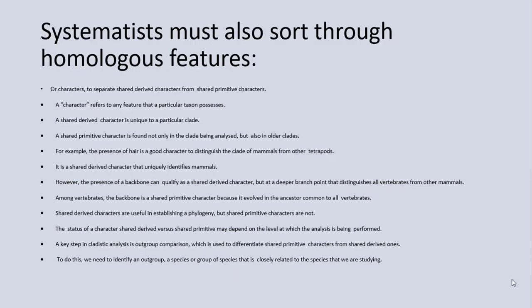So systematics must sort through these homologous features. A character refers to any feature of a particular taxon that possesses it. You have to pay attention to wording here, because the word character can also be used as a trait or as a feature.